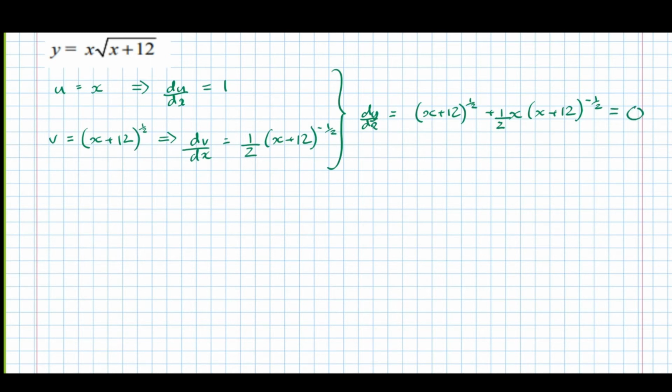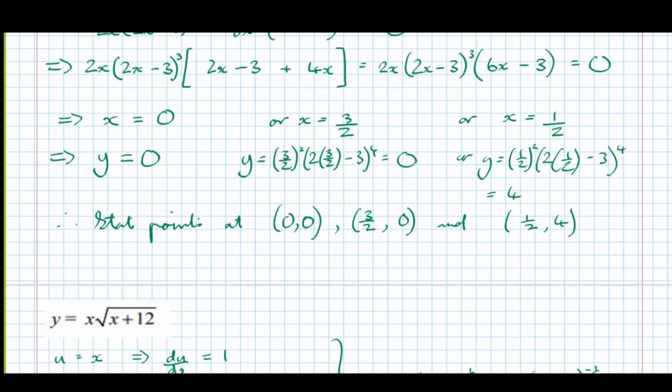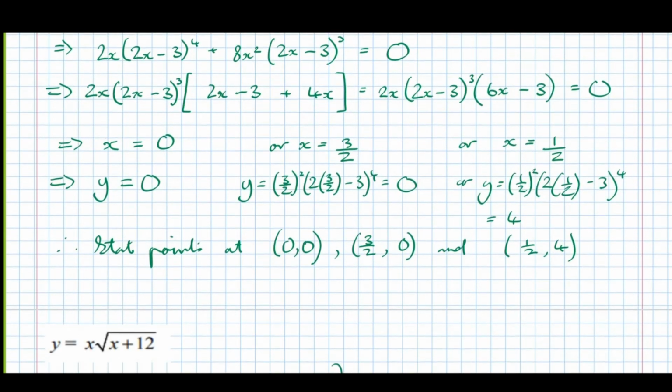Now factorizing this is the hard part. So they've got the x plus 12 in common. I'm just going to scroll back up a second to what we did on this one.